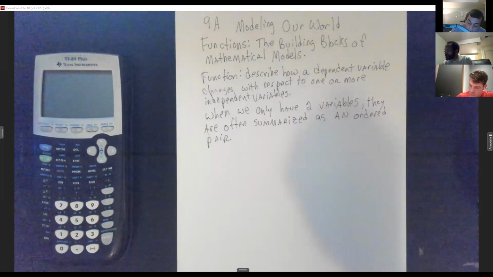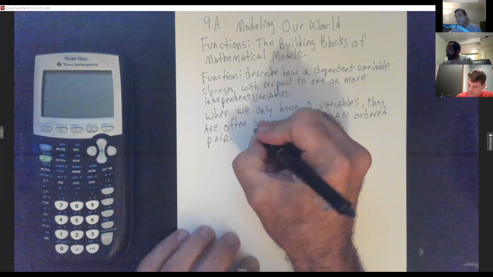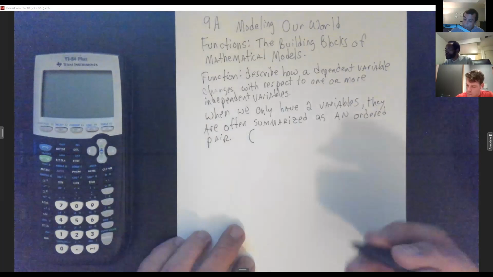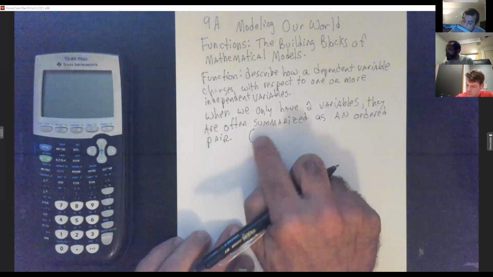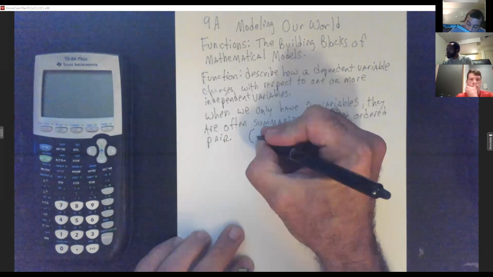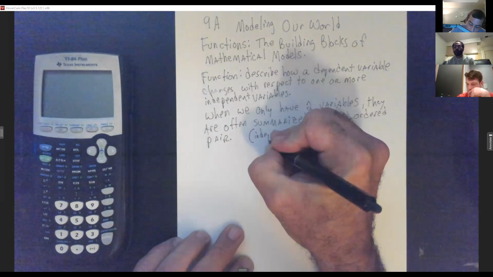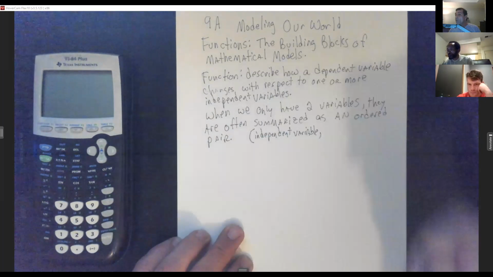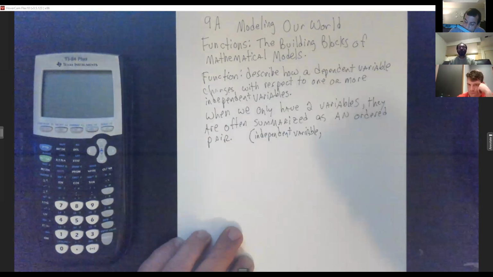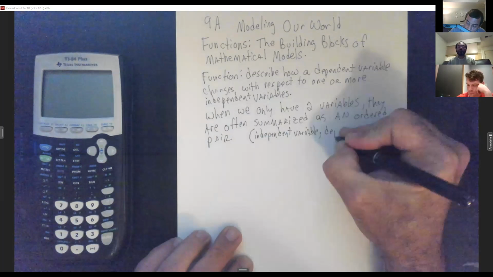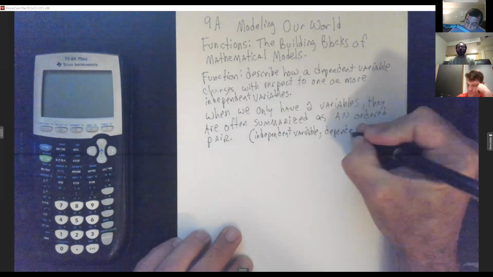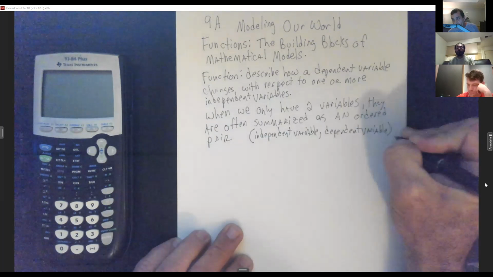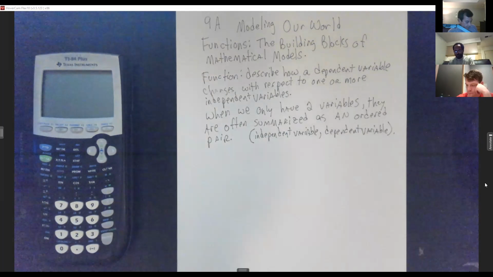Okay, so your ordered pair is going to come in parentheses, and y'all seen this if you ever graphed. It's got an X value and a Y value, okay? But your ordered pair, the X value is always the independent variable, and your Y value is the dependent variable. Okay, now I'll be refreshing you on graphing later on in this lesson.